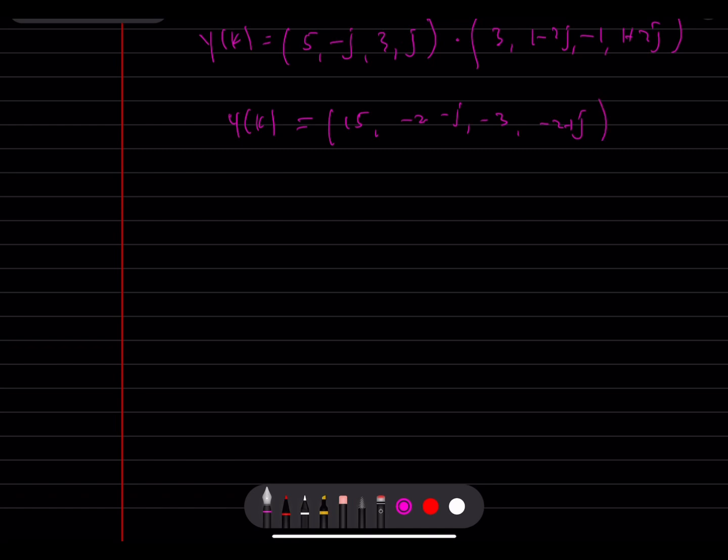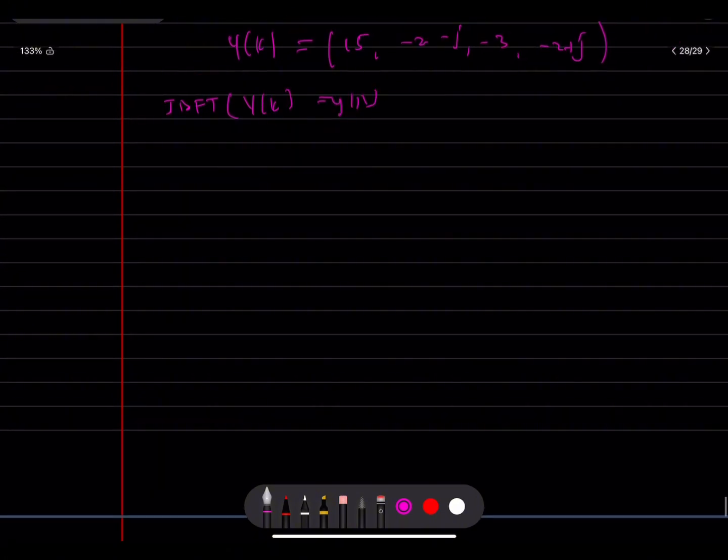Now let's try and find our IDFT of y of k, which is equal to y of n. Therefore, using the same method, y of 0, y of 1, y of 2, y of 3, we can get equal to the twiddle factor: 1, 1, 1, 1, 1, j, j, j, j.